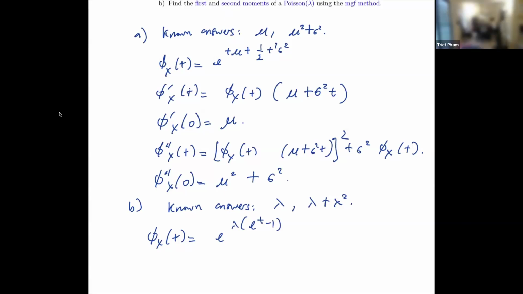So if we differentiate once, what do we get? We get e to the lambda times e to the t minus 1, times the derivative of the top, which is lambda e to the t.